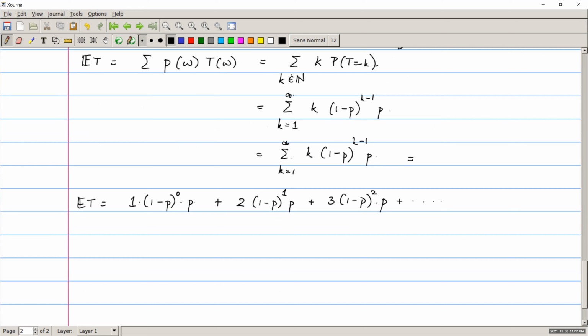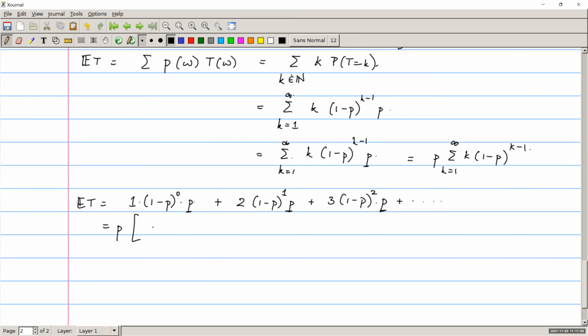If I want to see which terms depend on k and which do not, this p does not depend on k. So let me pull this p out of the summation.